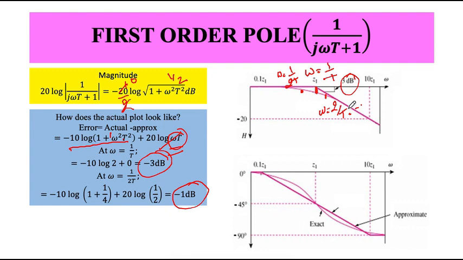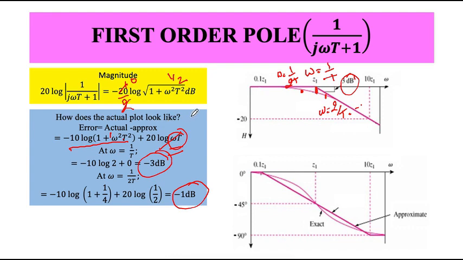If I just see the error graph, this is my actual, the 20 square root disappeared, so this is the approximation.